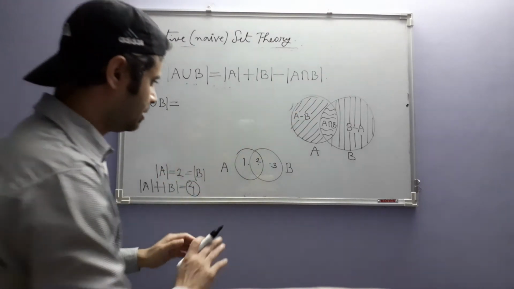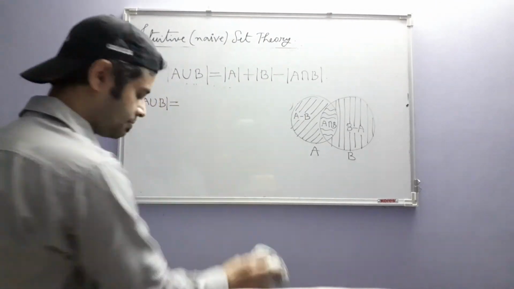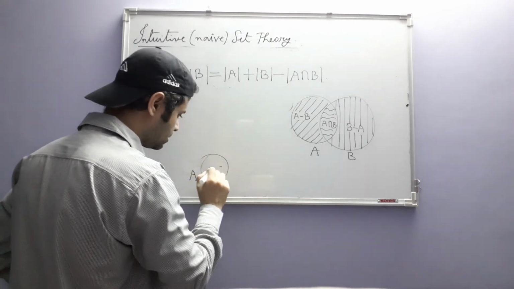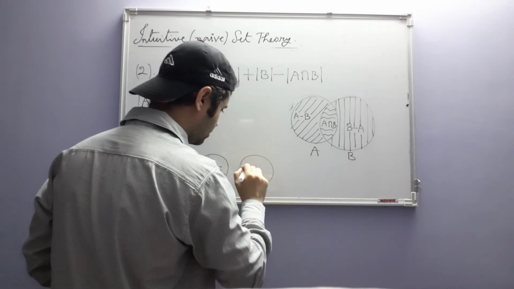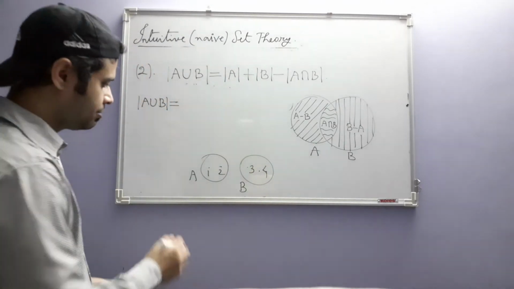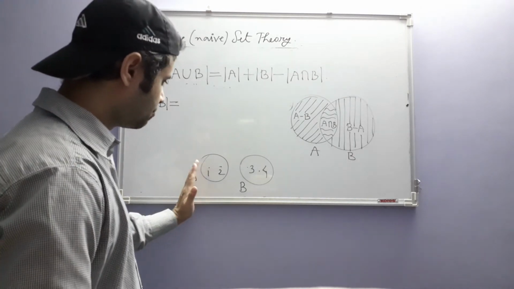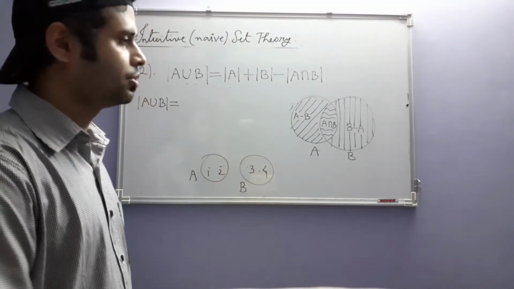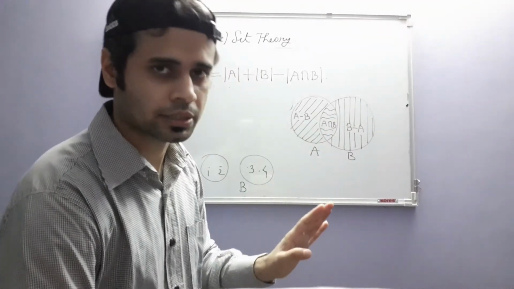But if I had a situation like this, if I had A consisting of the two elements 1 and 2 and B consisting of the two elements 3 and 4, then of course A union B will consist of 4 elements 1, 2, 3 and 4. So we can add the number of elements as such when there is no intersection, and these sets mutually have no intersection.